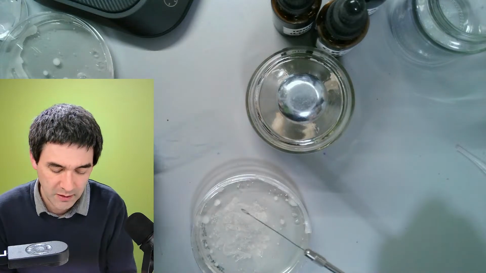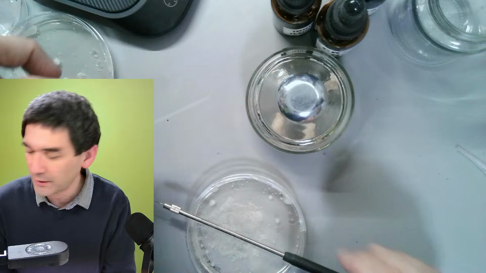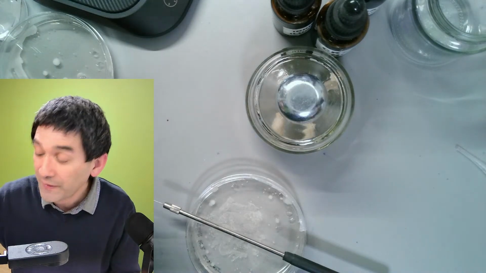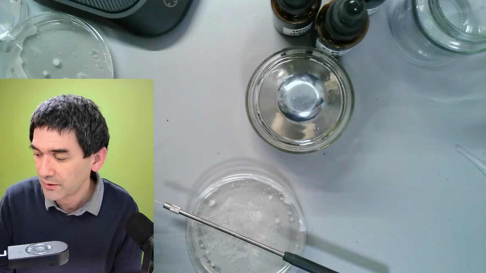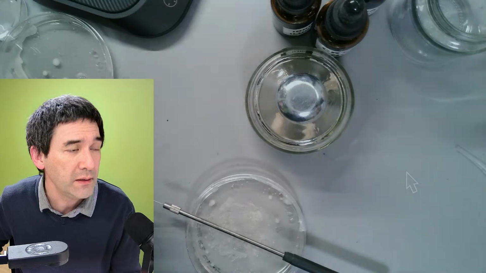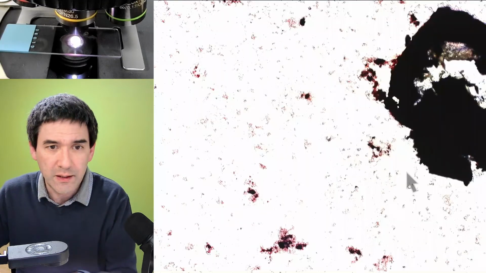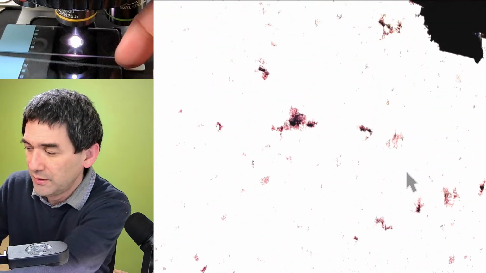Let me quickly put it under the microscope to have a look without a cover glass. Let's try this, and while I'm waiting for it to dry, there's still the other one. Let's put this one in here.